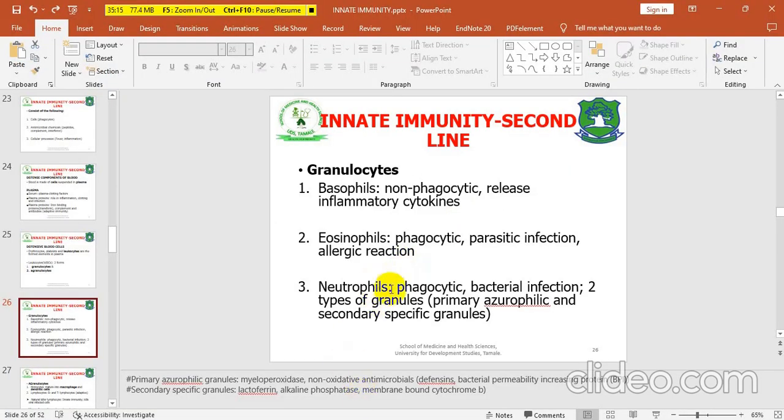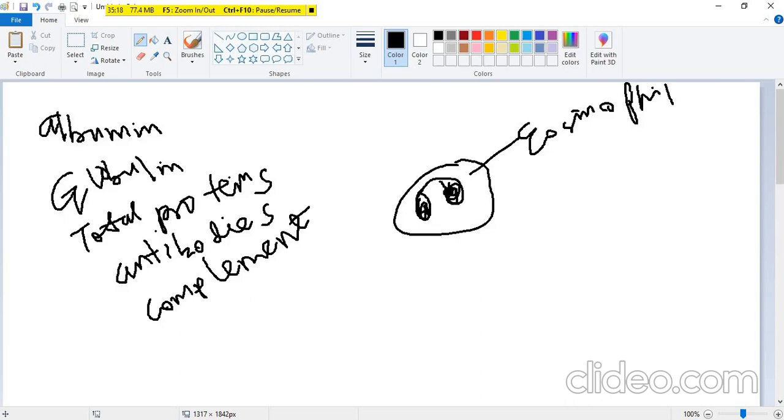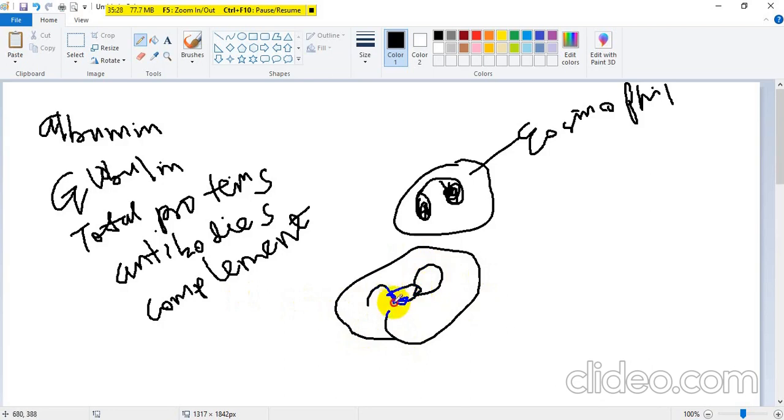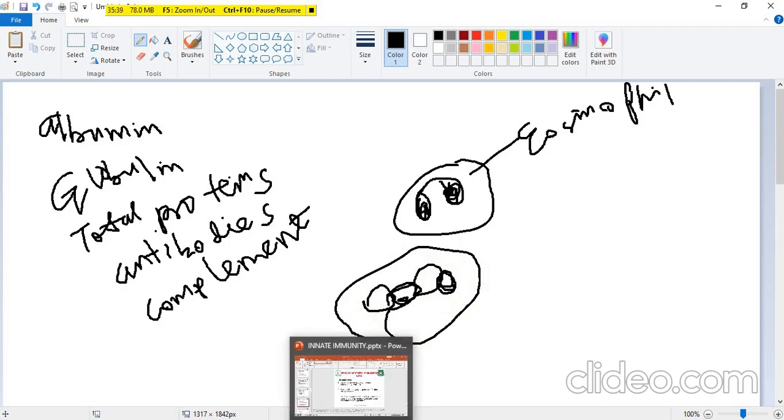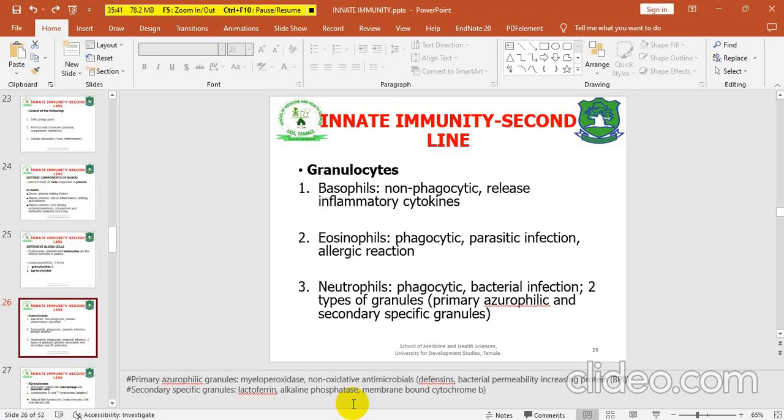So we also have the neutrophils. Neutrophil has what? It's a polymorphonuclear. It has a multilobar nucleus. The nucleus is lobed. It can be 3 or more. It can be plenty like this. The neutrophil has lobes. We call it the granulocyte because the cytoplasm produces granules. So neutrophils are phagocytic.